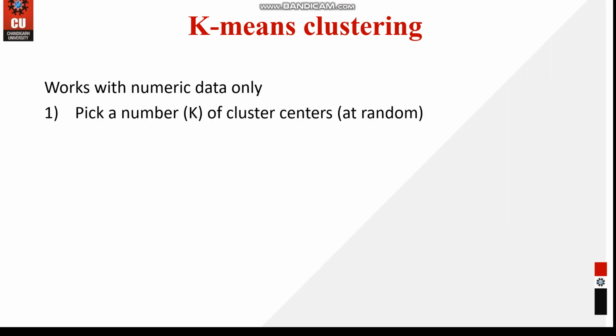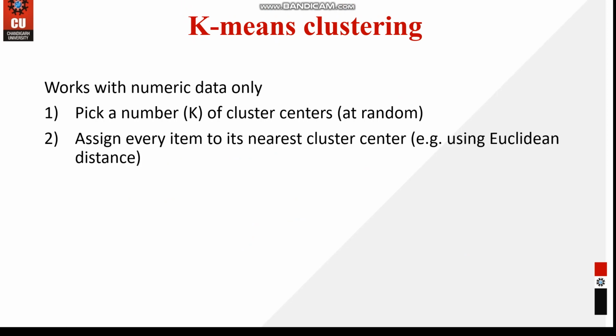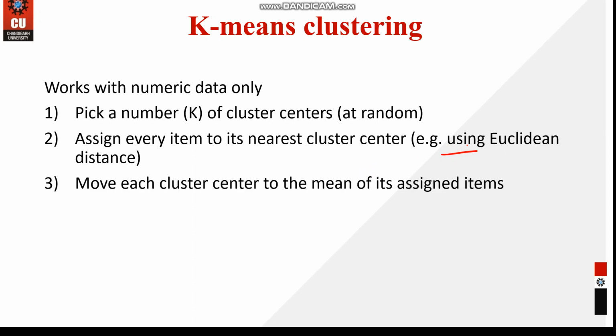In k-means clustering, we pick k clusters at random. We assign each point to the nearest cluster by using the Euclidean distance, and then we move each cluster center to the mean of its assigned items, that is, assign each data point to some cluster. A data point is assigned to that cluster whose center is nearest to the data point.